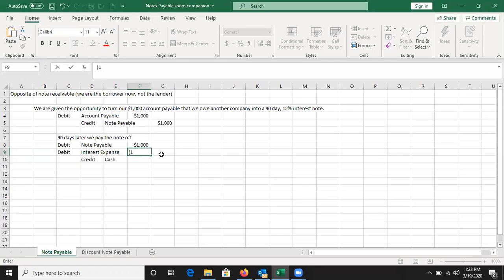Whenever you want to calculate interest, it's the value, $1,000 in this case, times the interest rate, 12%, times the number of days out of the year. Remember, guys, back from when we talked about notes receivable, I said for accounting purposes, a normal business year is usually closer to 360 days rather than 365.